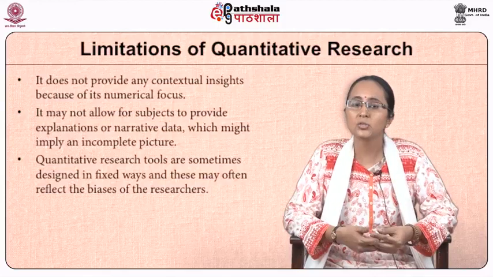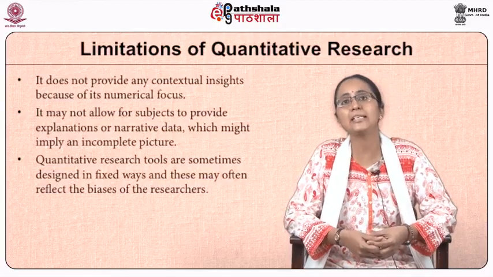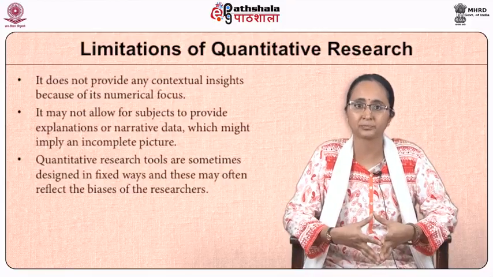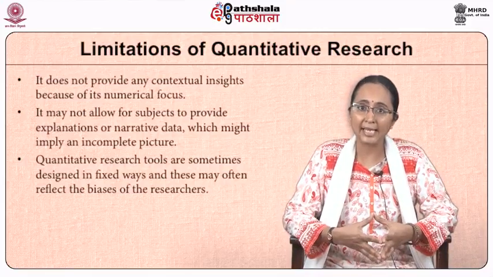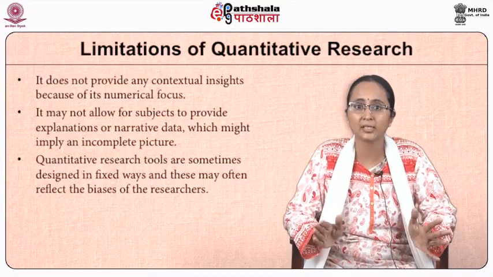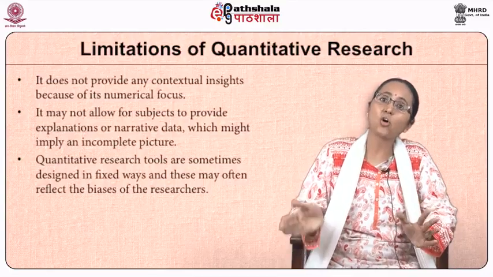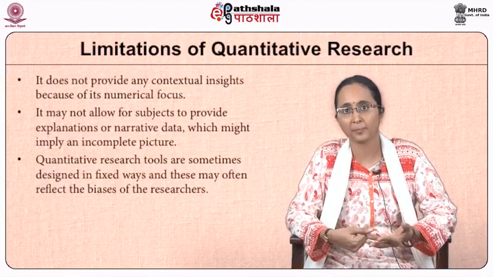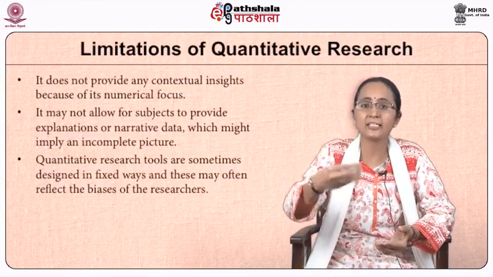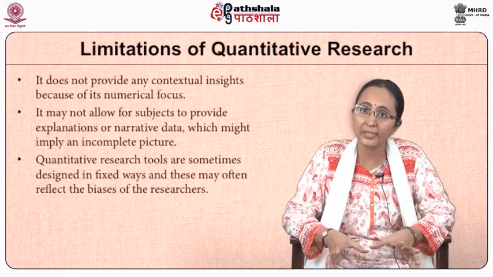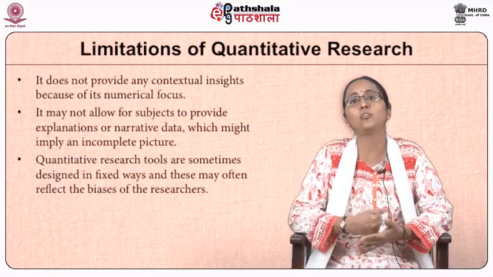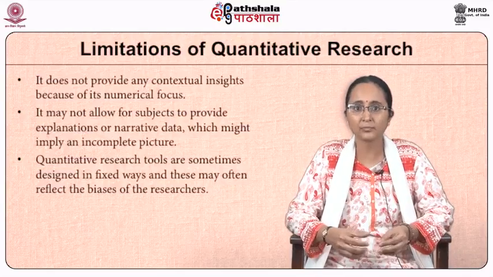So, sometimes you might not get a complete picture of the topic that you are researching. Since they are designed to be closed and fixed, all the responses are already created by the researcher, and so researcher bias might come into question. One has to be very careful about it, and this could be a limitation of quantitative research.